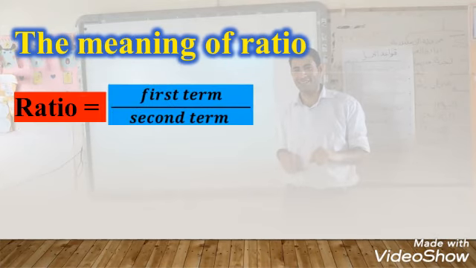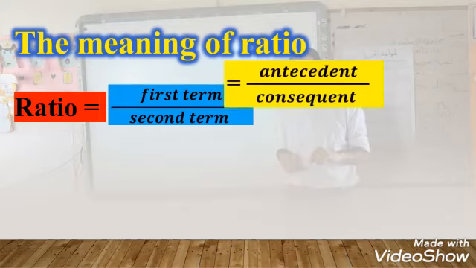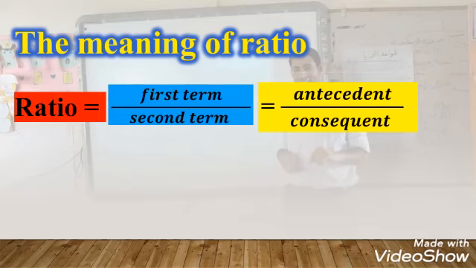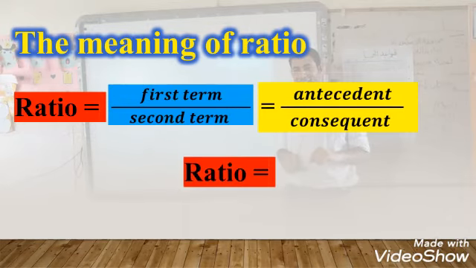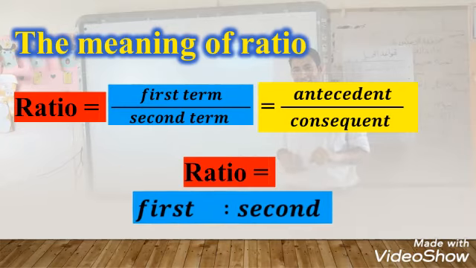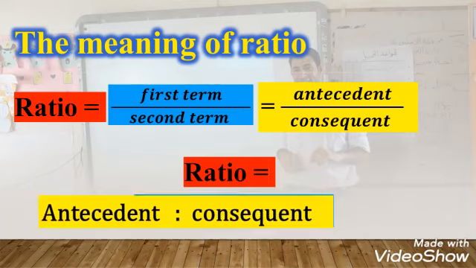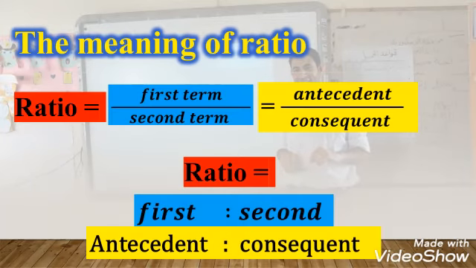The meaning of ratio: ratio equal first term divided by second term, and antecedent over consequent. Or we can calculate the ratio by another way. The ratio equal first to second, or antecedent to consequent.